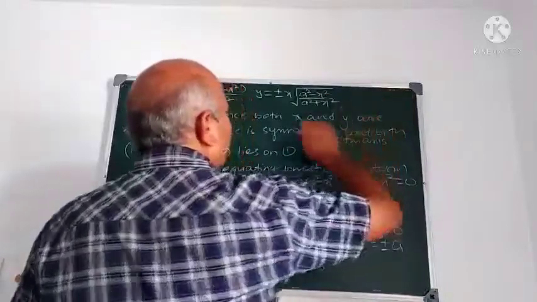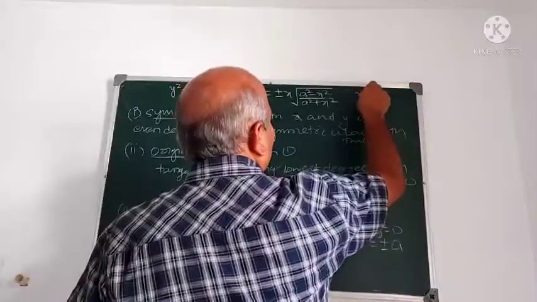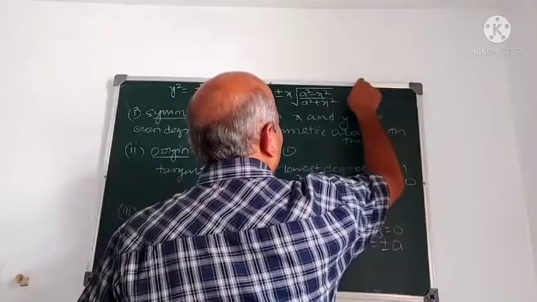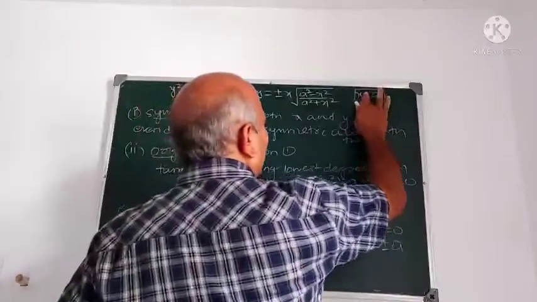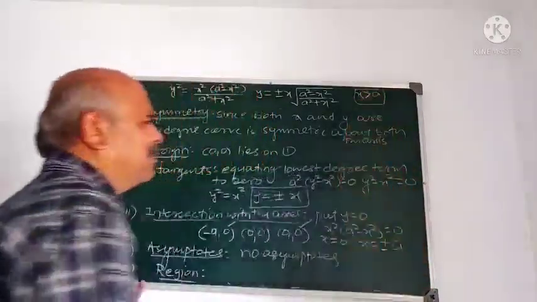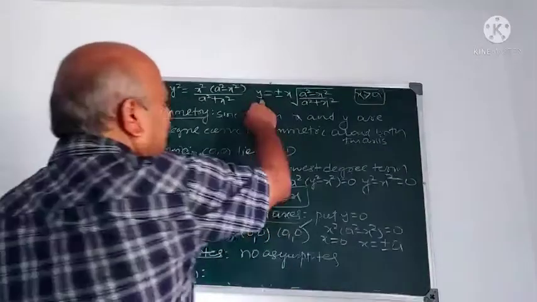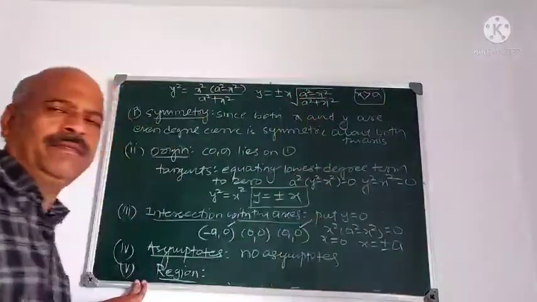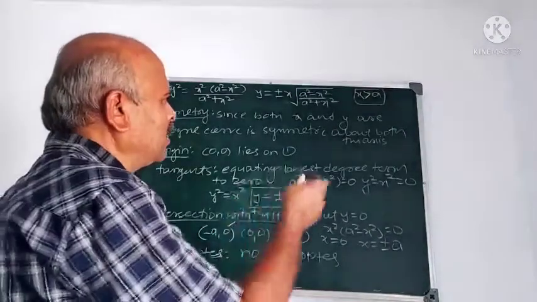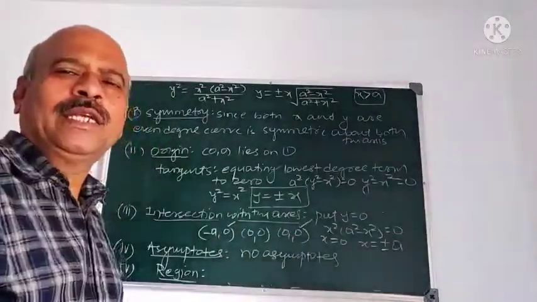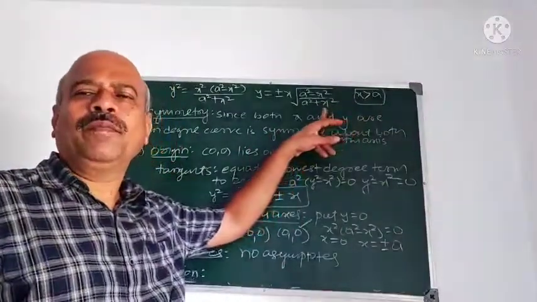In this case, suppose x is less than a, then it is no problem. Suppose x is greater than a, then y becomes imaginary. That means y doesn't exist beyond the line x is equal to a.